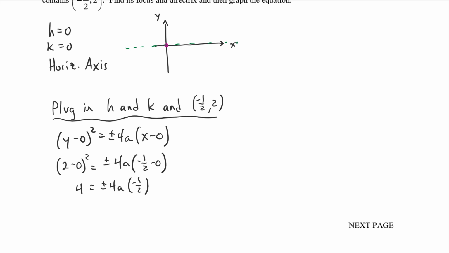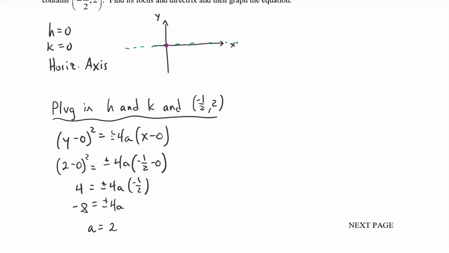So if I multiply both sides by, let's get rid of this negative 1/2. Let's multiply both sides by negative 2. And then divide by 4, I get a. Basically, it has to be 2.